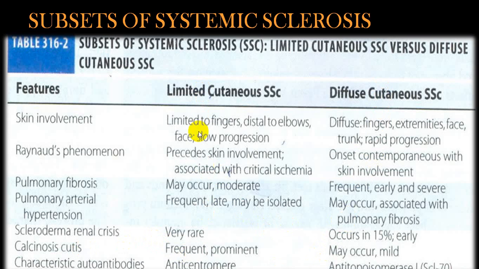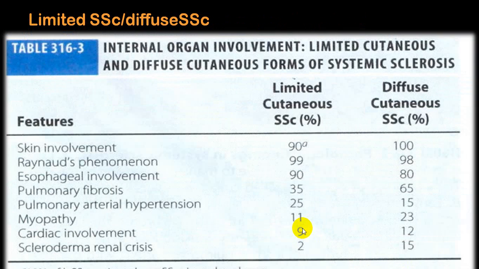And the anti-centromere antibody is positive here, while anti-topoisomerase, also called anti-Scl-70, is positive in diffuse. The same difference is again mentioned in limited and diffuse variety, percentage-wise. What is more involved? At your leisure time you can go through it.